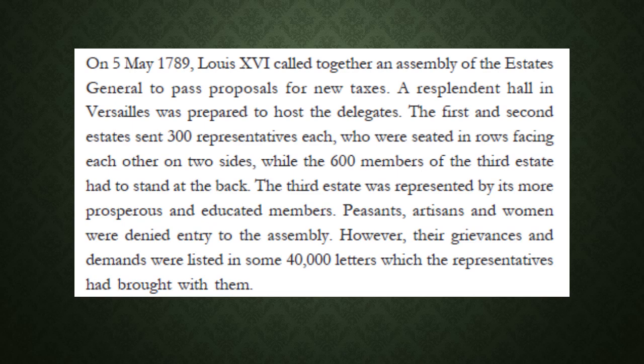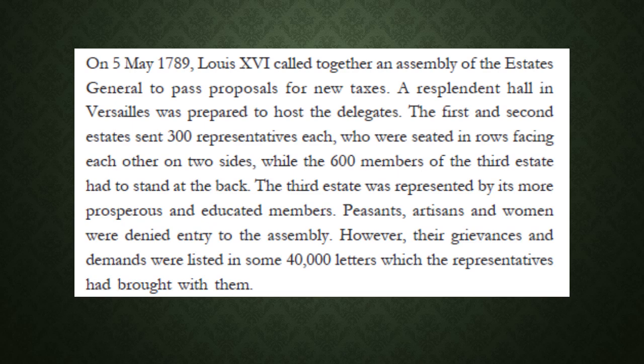On May 5th, 1789, King Louis XVI called the Estates General for a meeting to pass proposals for a new taxation system. A splendid hall in Versailles witnessed the meeting. 300 delegates participated from the first and second estates, and their seating arrangement was such that they were seated in rows facing each other on two sides, and the 600 delegates from the lower society, the third estate, were asked to stand at the back.